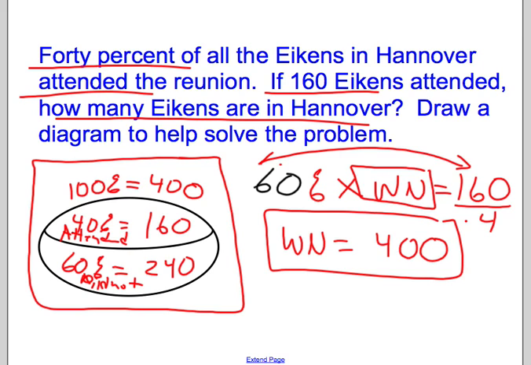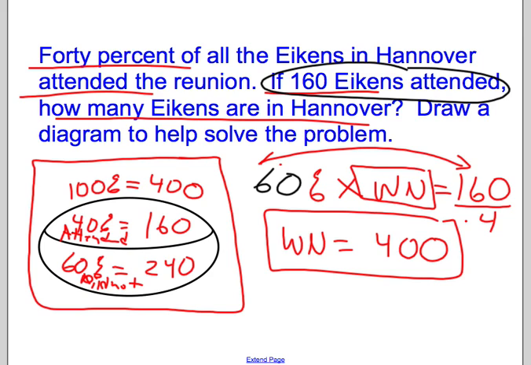How many attended? Is 60% the percent that attended? No, it's the number that did not attend. They're not the same item, are they? No. And so they're conflicting there. You have to have the same representation of the item there.